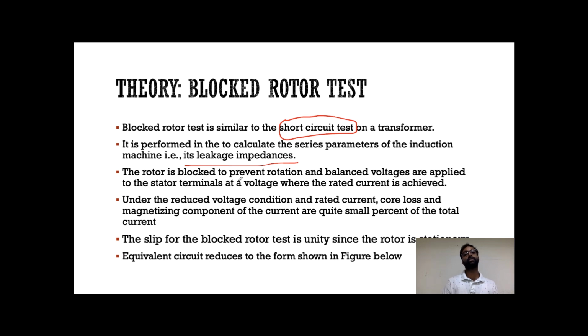The motor will try to take more current from the supply. So in the blocked rotor test, we will apply a reduced voltage, so that the rated current will flow in the stator winding.